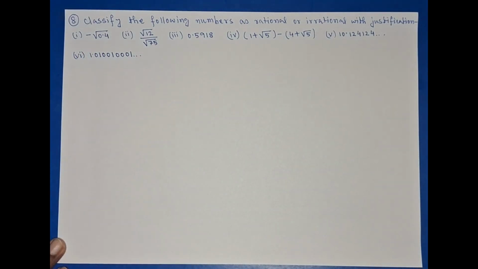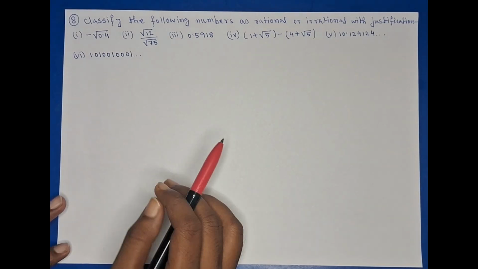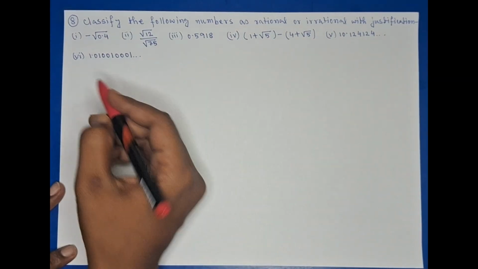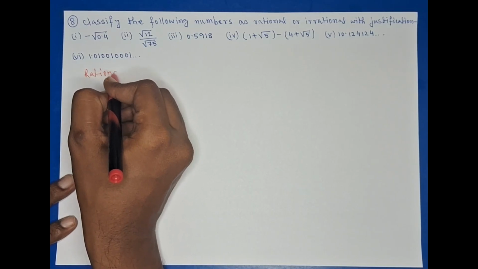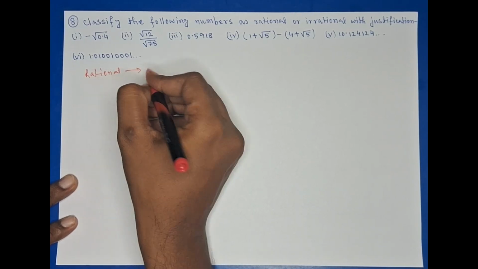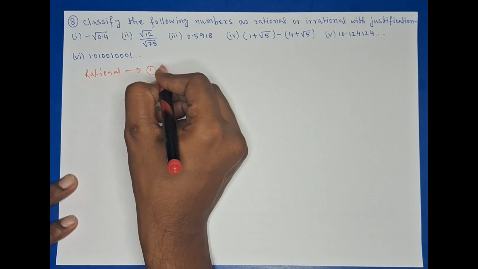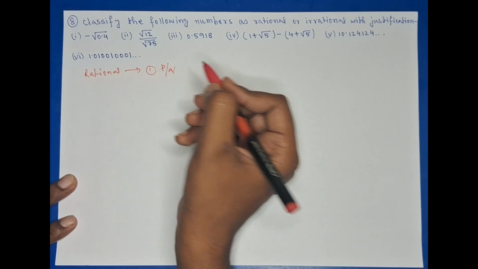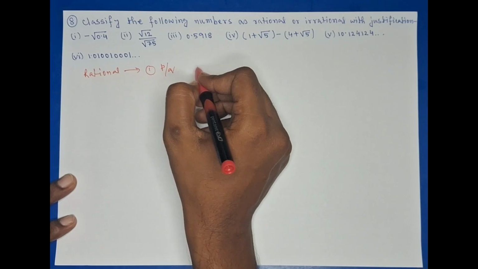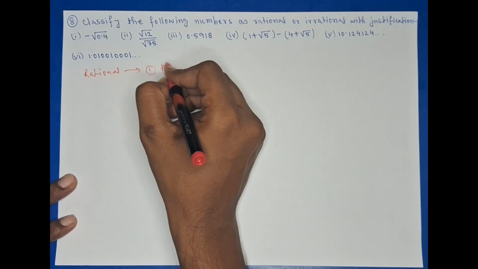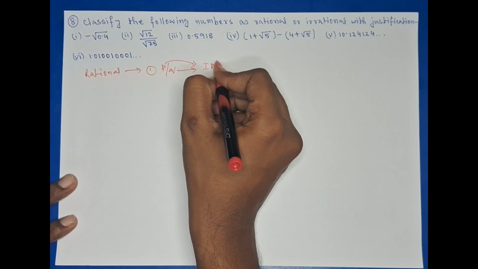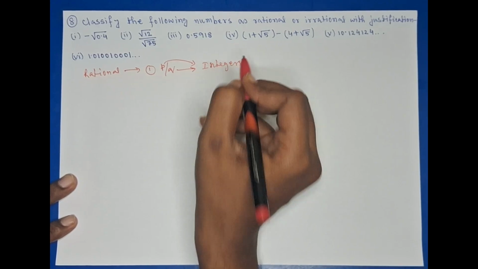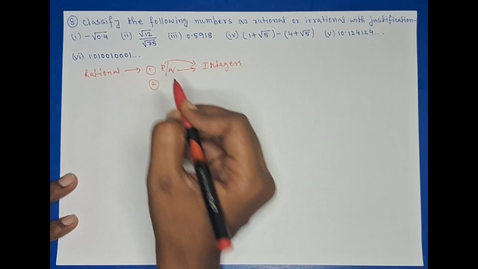So let us first see what you have learned as rational and irrational numbers. A number is rational if we can write it in the form of p by q, where p and q are both integers. Okay, and what is the second condition?